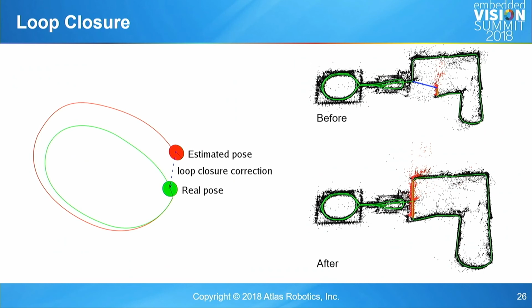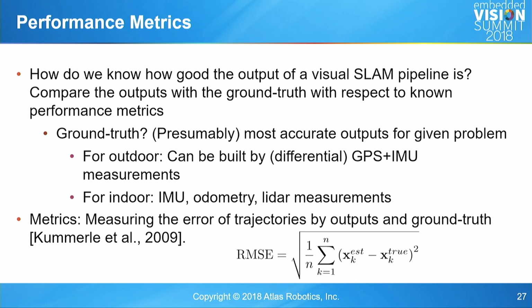So this is just giving you another example of loop closure, why we do that, and what the result is. Once you have a pipeline, you should be able to evaluate how good it is. That can be done many ways, but one way is to pull out the ground truths.